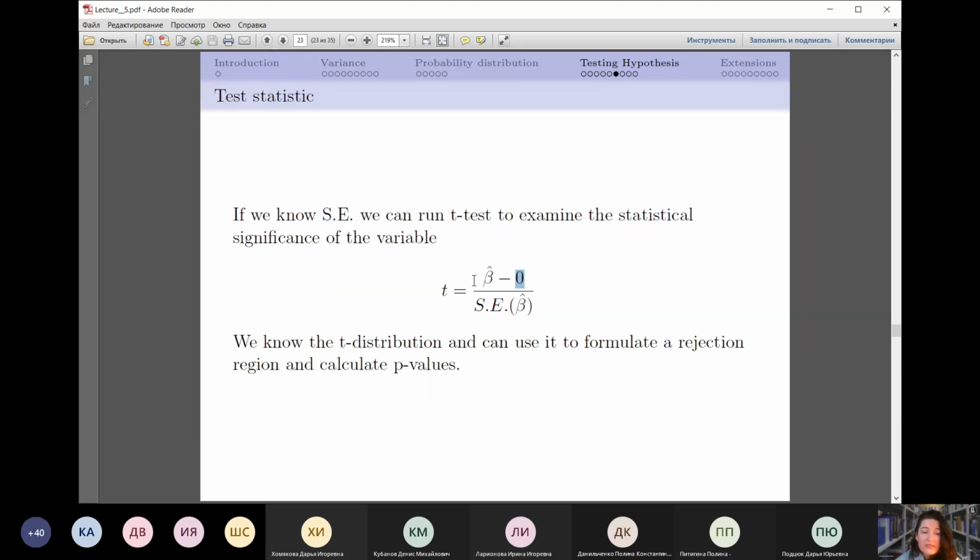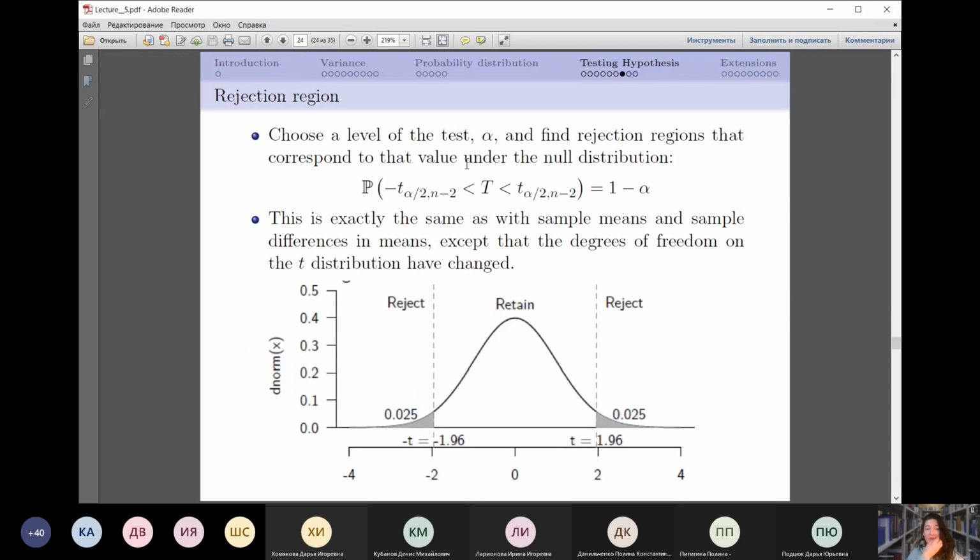Okay, so after we obtain the t-statistic, we can use the rejection region to check if our result is statistically significant or not. But before this, of course, we need to choose the significance level.